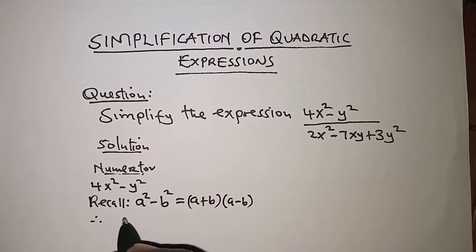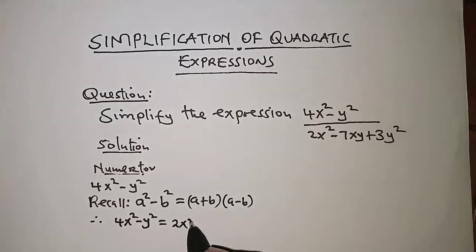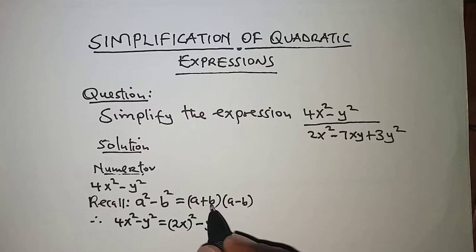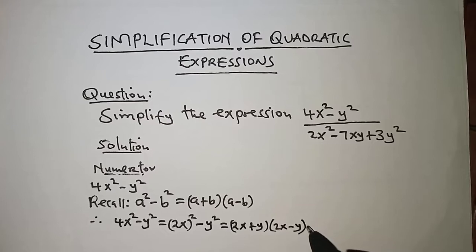Therefore, 4x squared minus y squared, which is also the same as 2x squared, so that corresponds to a, minus y squared, of which y corresponds to b, should be given as 2x plus y into 2x minus y, and that already gives us the numerator.